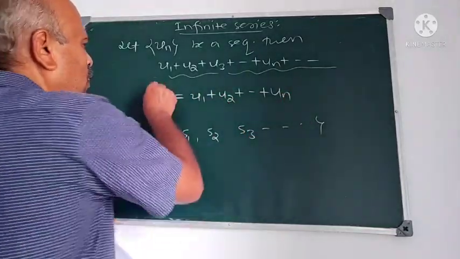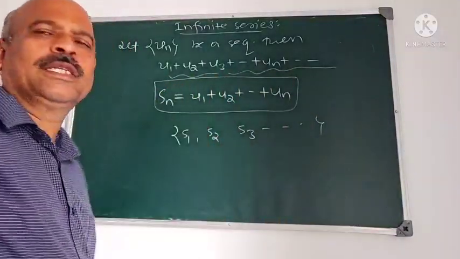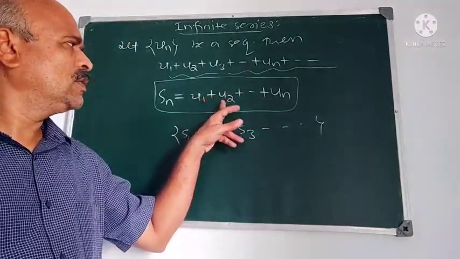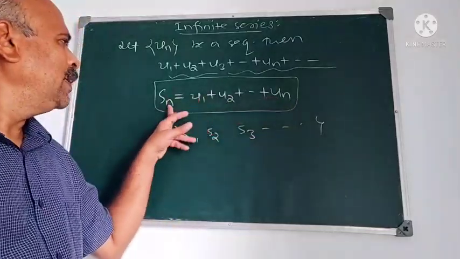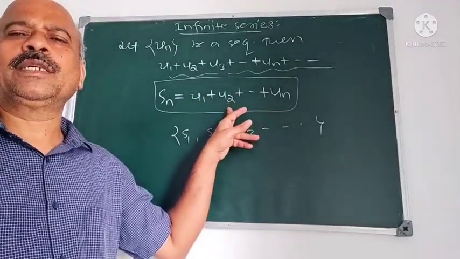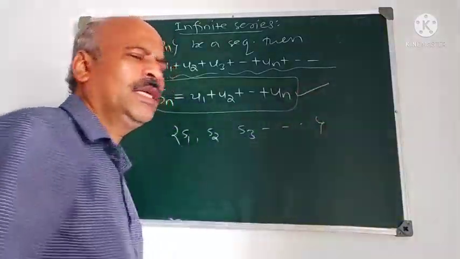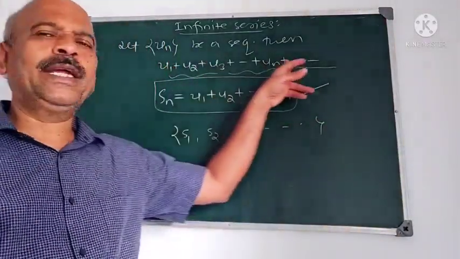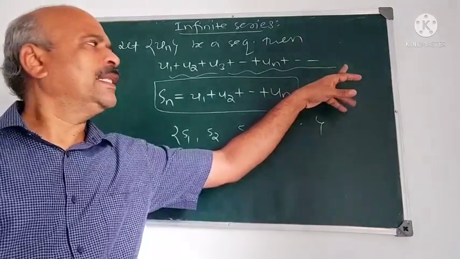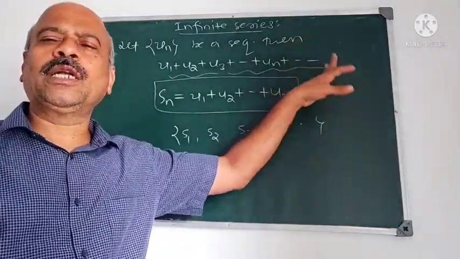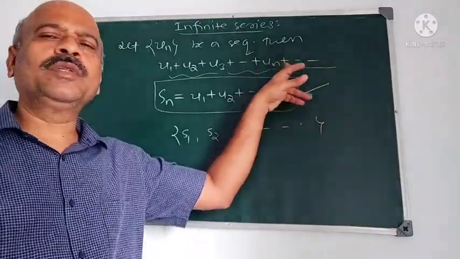Then S1, S2, S3 forms a sequence. This is called the sequence of partial sums. Understand clearly? We define Sn as U1 plus U2 plus Un, then it is called the sequence of partial sums. And if this sequence of partial sums converges, then we say that the infinite series converges, and that value for which it converges is called the sum of the series.